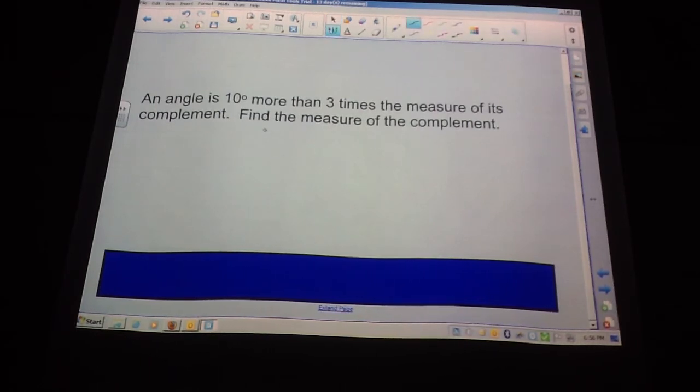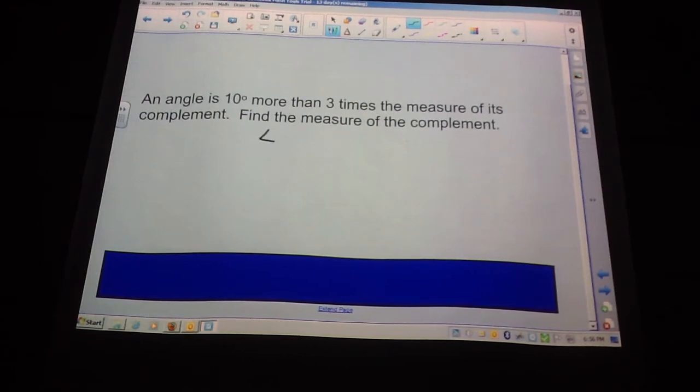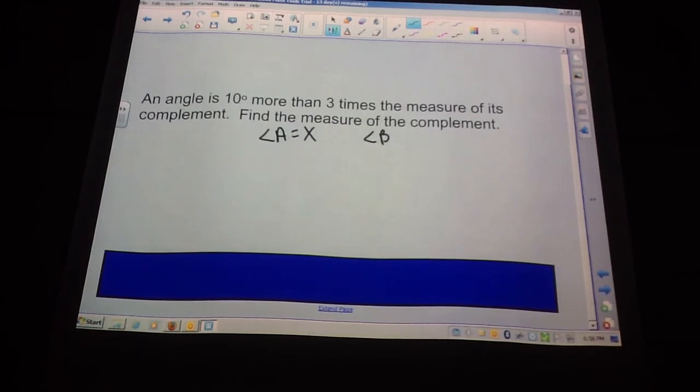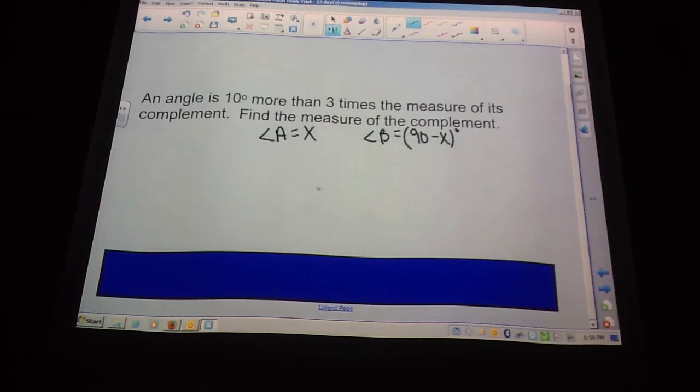We're going to name our first angle, angle A, X. Then its complement, angle B, would be 90 minus X. Now we're going to read one more time what our problem is. It says the angle is 10 degrees more than 3 times the measure of its complement.